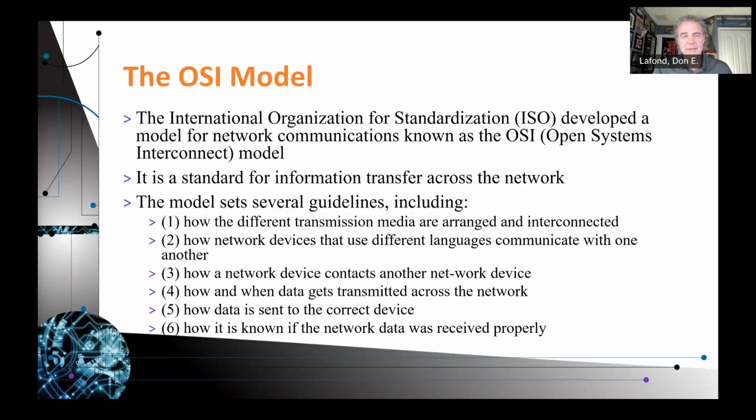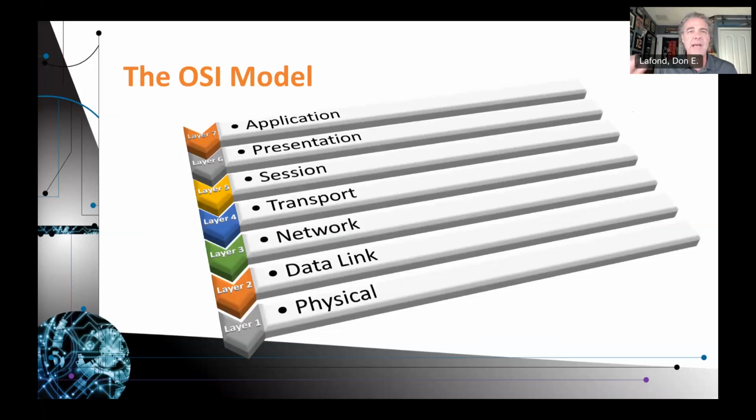How does it do that? That's called IP, IPv4 and IPv6 currently. How is it known if the network data actually was received properly on the other end? So that's just a whole lot of words to most of you. So let's put it in a format that you can understand, the OSI model.